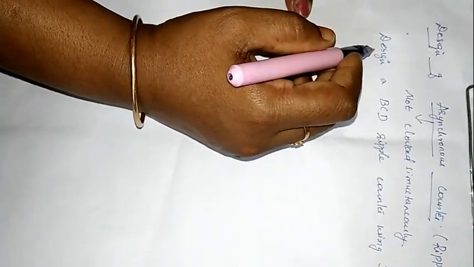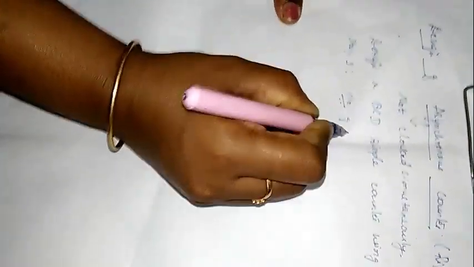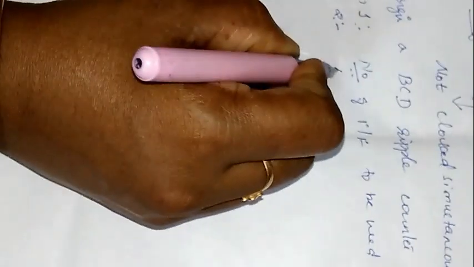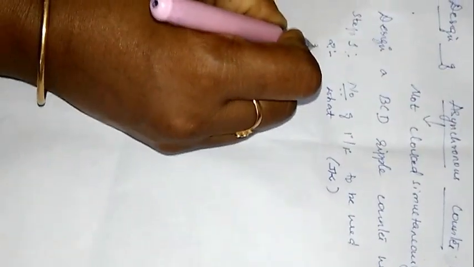Here there are totally 5 steps, and the steps are very easy. Step 1 is to determine the number of flip-flops to be used. Second step is to determine which flip-flop to be used. That's already given in our problem, and it's nothing but the JK flip-flop.